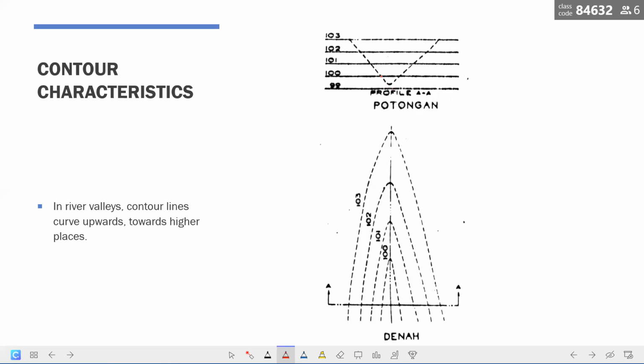So this is the 100 point. That is that line here, and this meeting point right there is the lowest part of the valley.